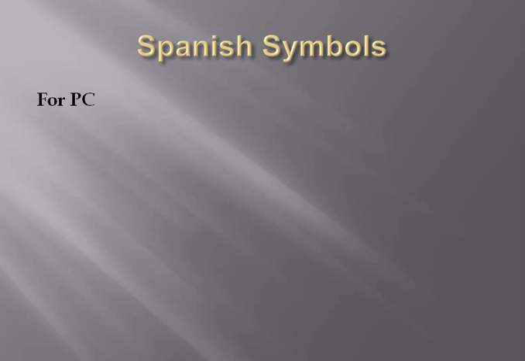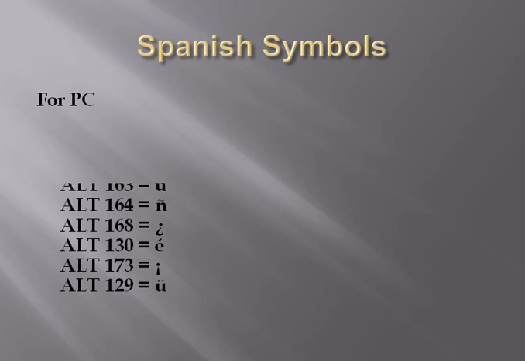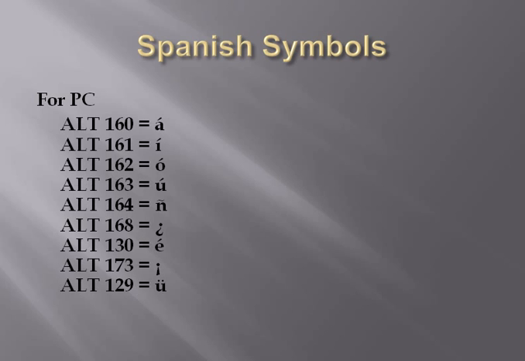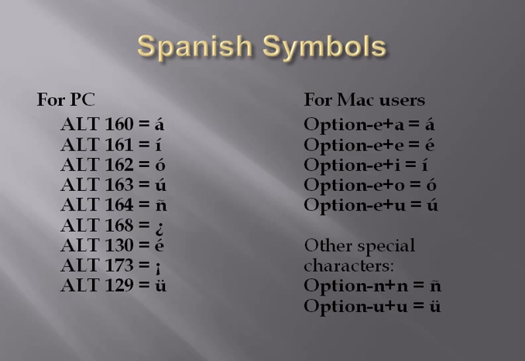If you use a PC, you will get these symbols, and this is what you'll have to do to be able to get the letter you need with the accent, or the question mark upside down, or N with the little tilde, which is an ñ. But if you are a Mac user, they have different ways to get those special symbols into your document.